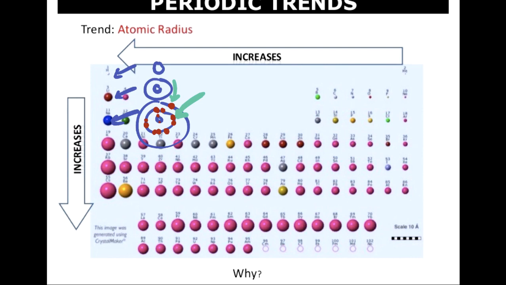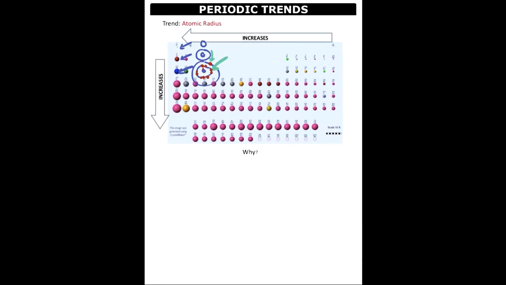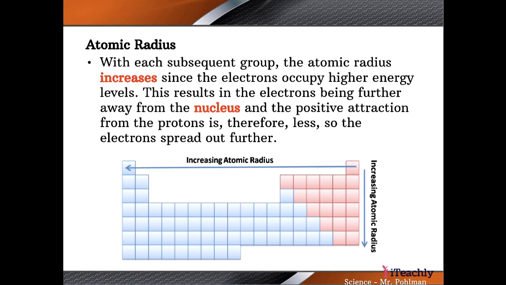So it's going to be loosely held. It's going to be out away from the nucleus a little bit more because of what's called shielding. And that's going to be another one of our periodic trends in just a moment. All right, so the radii. With subsequent groups, the atomic radii increases since the electrons occupy higher energy levels.